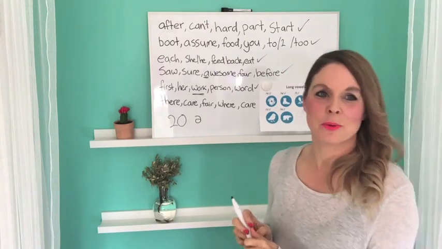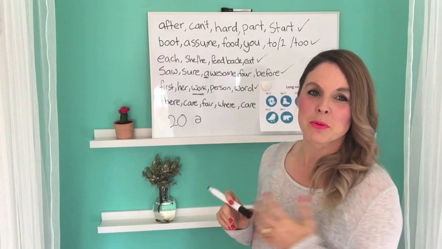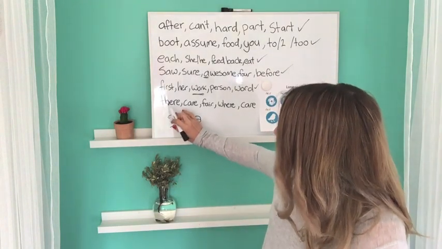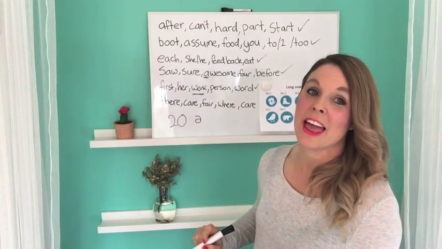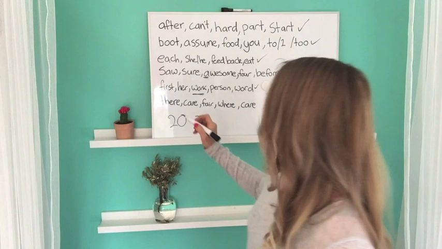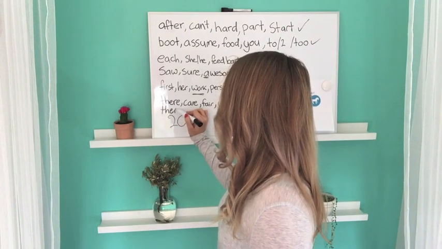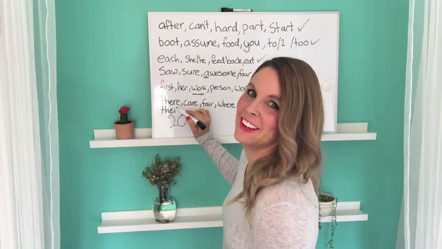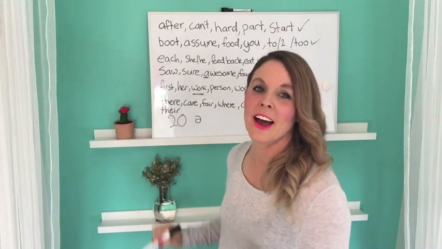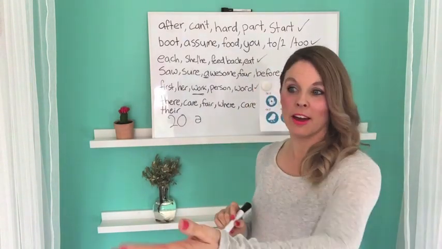So let's talk about the last one, which is our. Okay, so I've got a little symbol for a bear, and you can see here I've got the word there. Obviously, you would know that you can also write there, as I wrote beforehand. You can also write there as in T-H-E-I-R, like their dog.